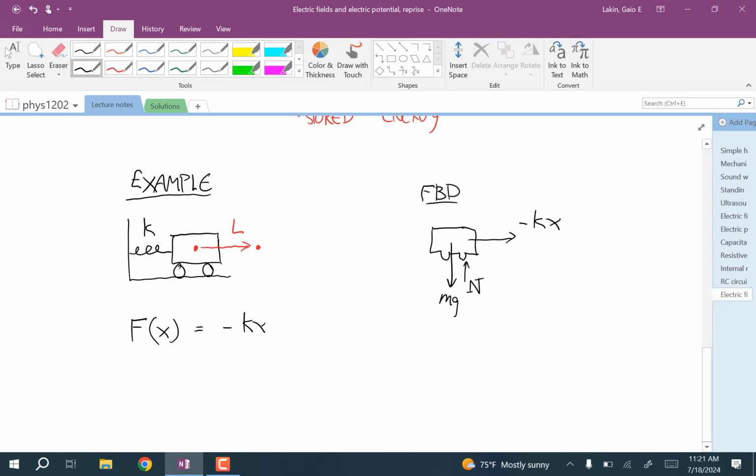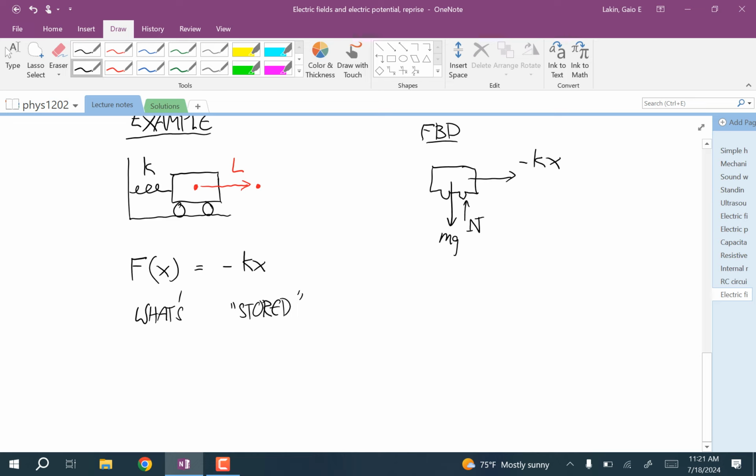And we want to calculate the stored energy, the energy that we're storing by stretching this spring out and moving this mass a distance L to the right. And again, this stored energy is the change in, this time, the spring potential energy.